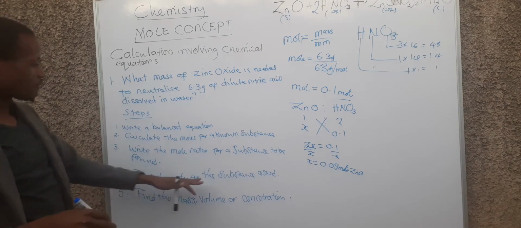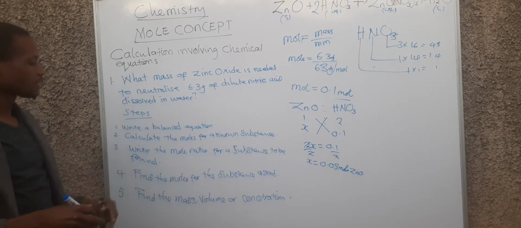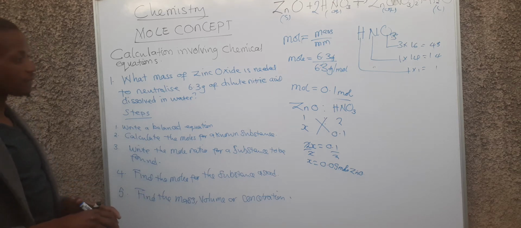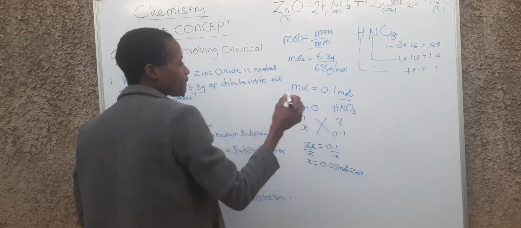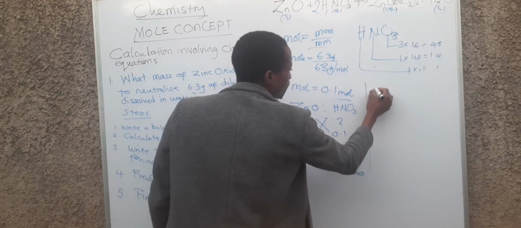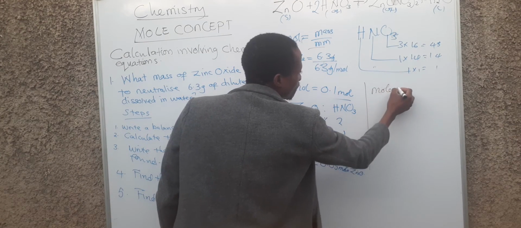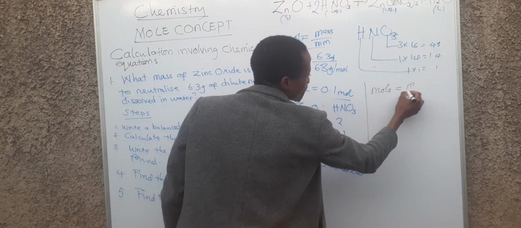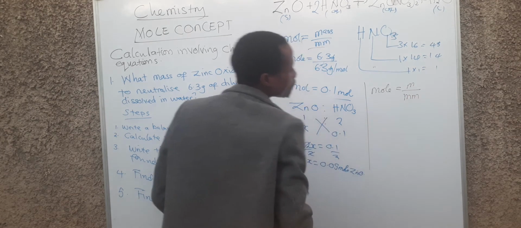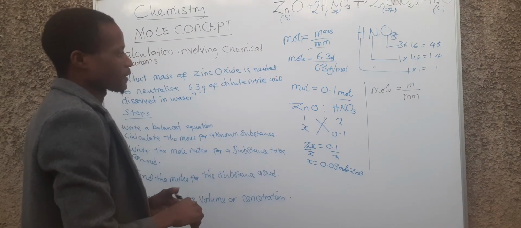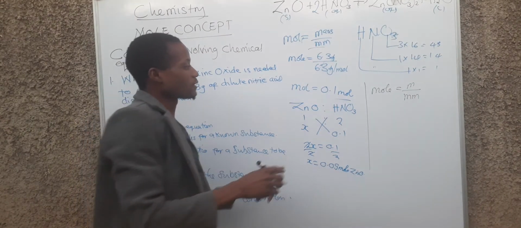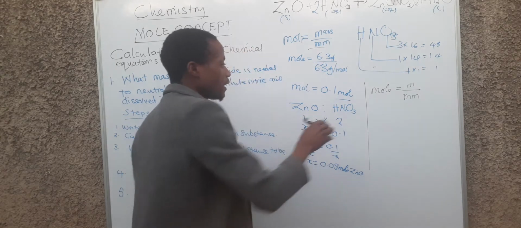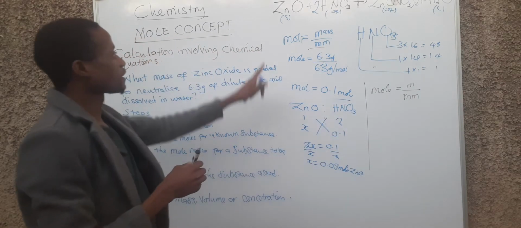Now that we have found the number of moles for a substance which has been asked, we can now calculate the mass for zinc oxide. So using the same formula, we have moles, this time for zinc oxide, is equal to mass of a substance over the molar mass of zinc oxide. We know the number of moles for zinc oxide is 0.05 moles, but we don't know the mass, which is the one we want, and we can calculate the molecular mass of zinc oxide.